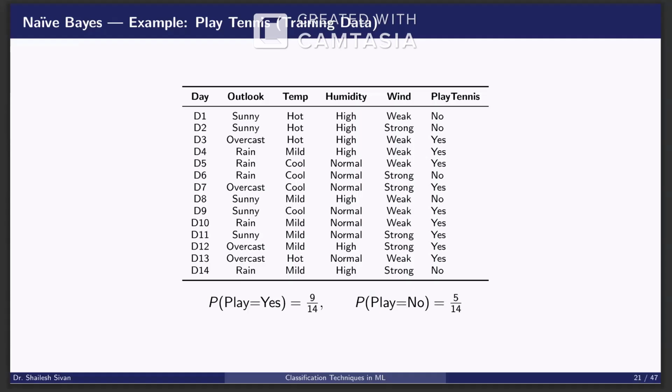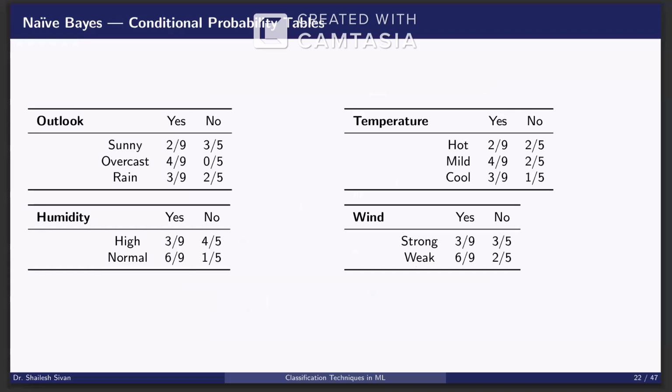Categorical values. There are two types of random variables. Discrete random variables, right? For discrete random variables, we have a probability distribution table here.